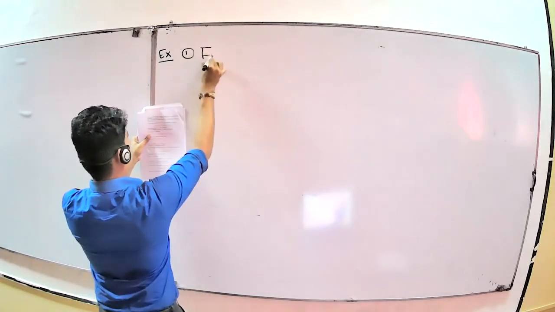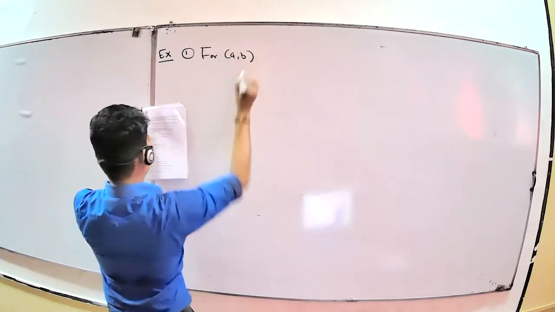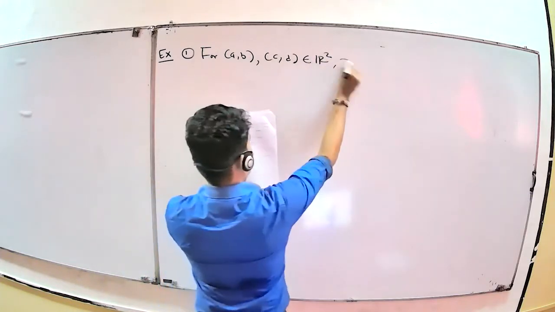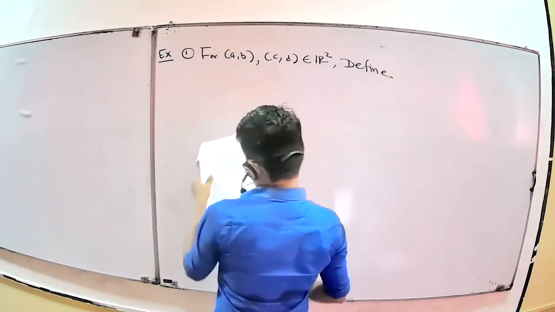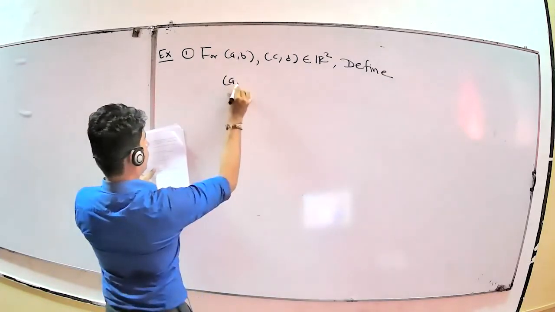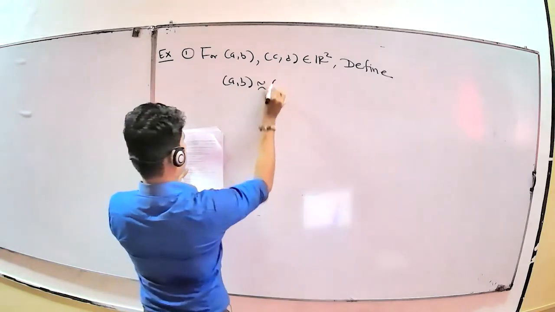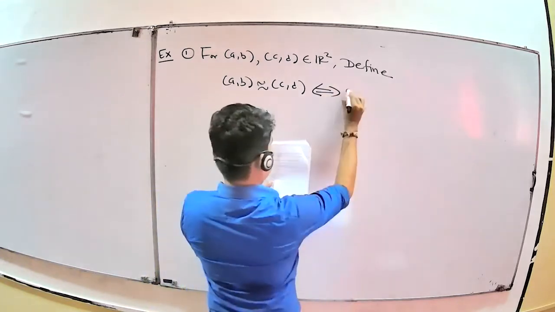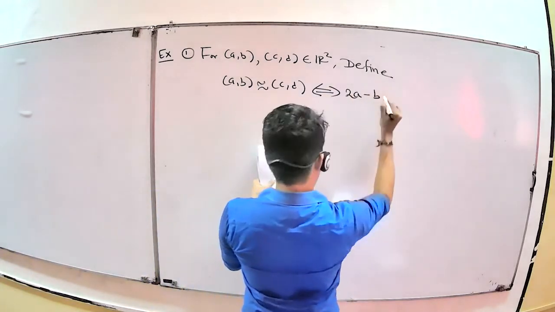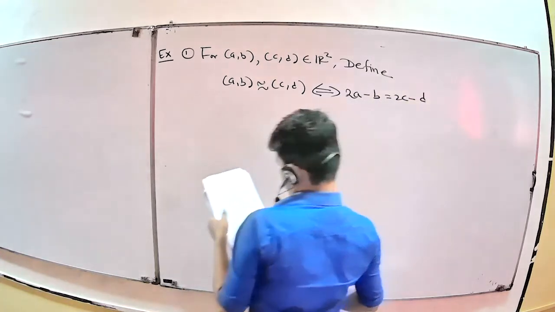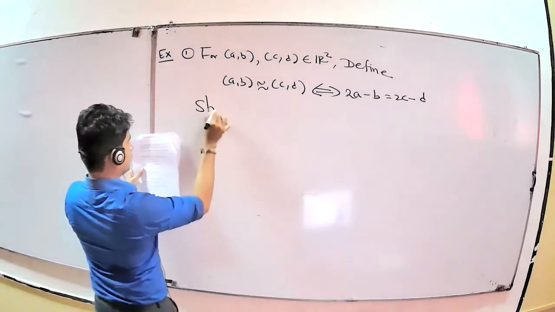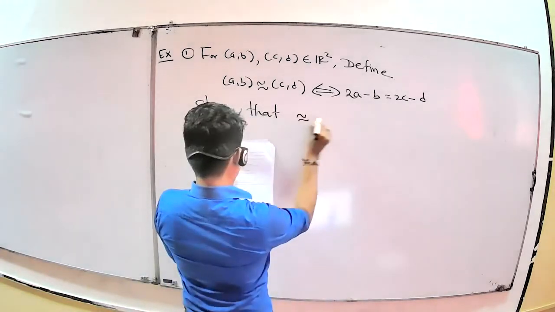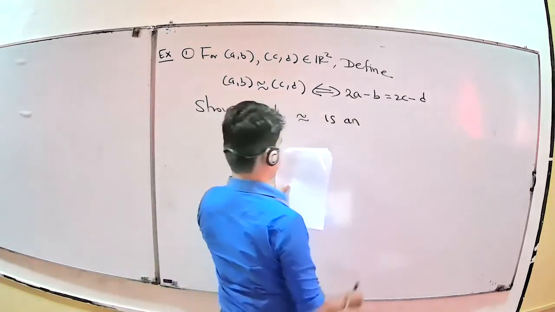For a, b, c, d belong to R squared, define (a, b) related to (c, d) if and only if 2a minus b equals c minus d, so that this is an equivalence relation on R squared.